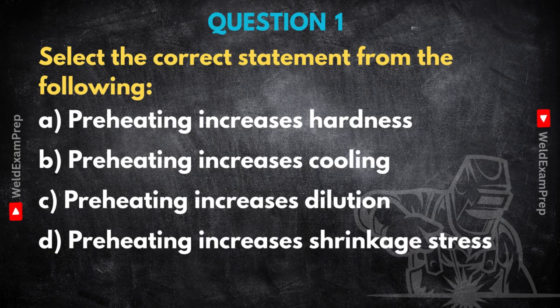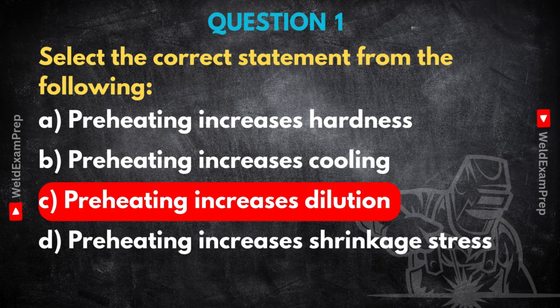Okay, so it helps reduce hardness and it slows cooling. What about option C then? Preheating increases dilution. What's dilution again? Dilution is basically the mixing of the base metal with the filler metal in the actual weld bead. How much they blend together. Exactly. And that's primarily influenced by things like your welding current, the voltage, travel speed, electrode stick out.